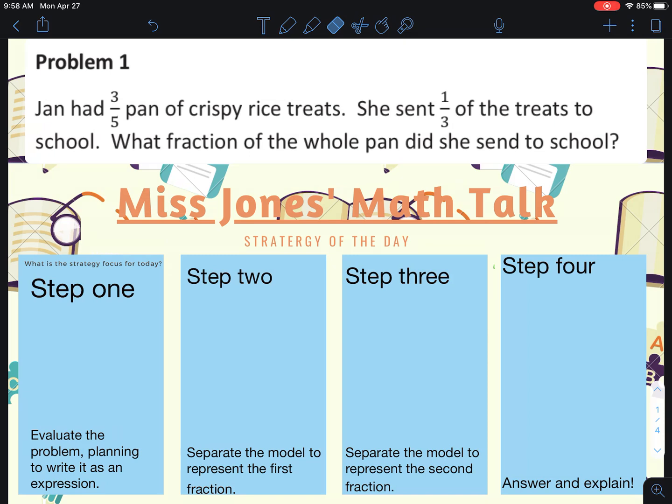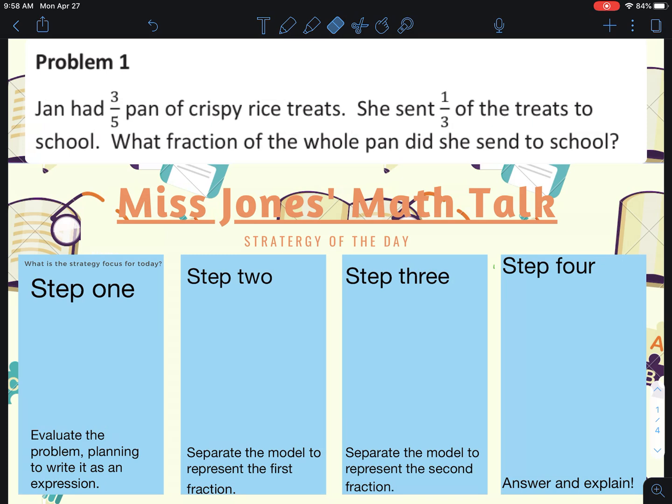I'll give you a couple weeks to get that done, but try to get it done as soon as possible because we are continuing to learn new things, and it's harder to go back and redo those tests when the information is not as fresh in your mind. So if you do want to redo your test, go look at the grade that I gave you, or wait for me to grade your paper and I'll send it back to you on Google Classroom, and then I will give you a little message and you can respond with, "Yes, Miss Jones, I would like to retake my test."